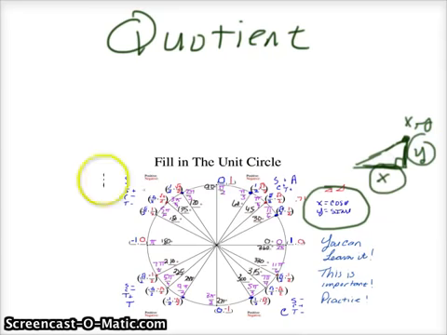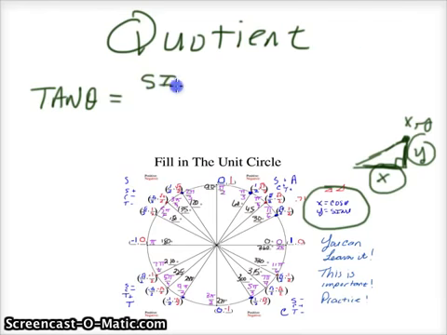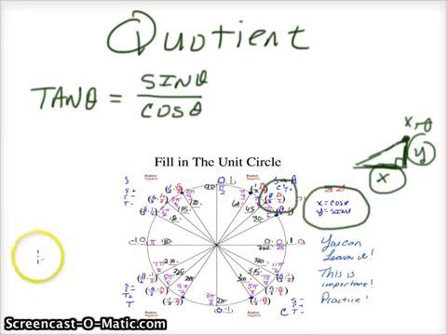That makes sense. So the tangent of any angle is equal to the sine of the angle over the cosine of the angle. Here, let's just do that with 45 over here. The sine of 45 is radical 2 over 2, and the cosine is radical 2 over 2.